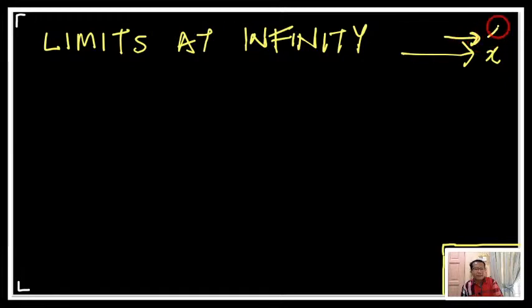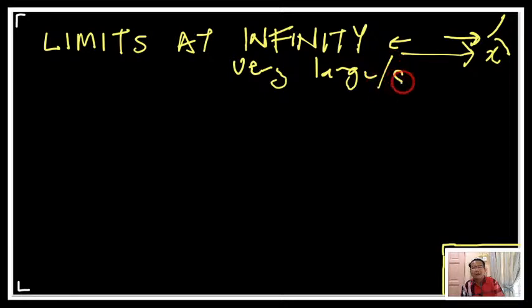Will the function increase or decrease or what? That is what we are interested in. And also for negative x. So that is limit at infinity. This one is for very large or very small x.